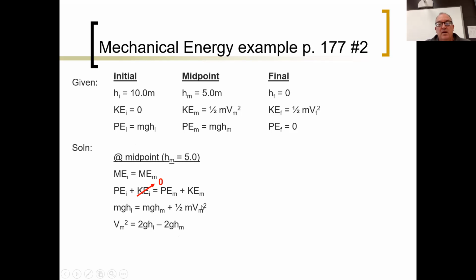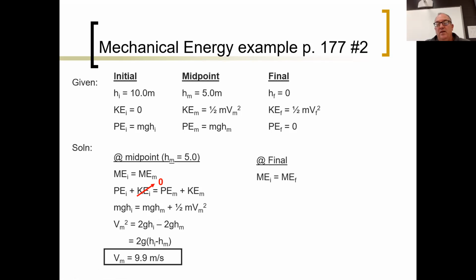Then I got my velocity squared over here, took everything times 2, and I have this. But notice that this problem even gets simpler if I do that. I take out the 2g on both, and it's just equal to the change in height. That's all it is. So I put my values in, make sure you take the square root of it, and I get my velocity at the midpoint is going to be 9.9 meters per second.